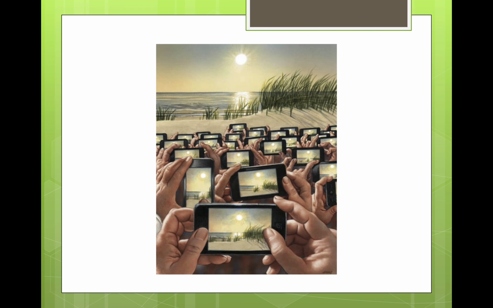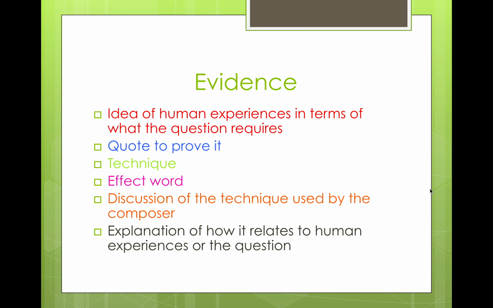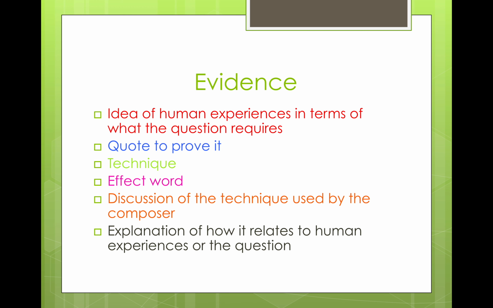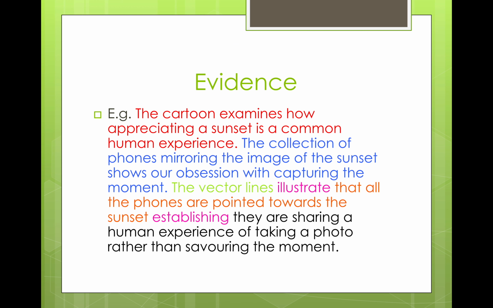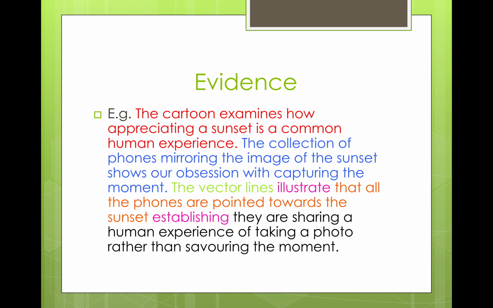That's my evidence. Then I've got a technique, the vector lines. Remember I said to you about these lines of the phone leading up to the actual sunset. Then I've got that word illustrate, which is an effect word. And then I've got in the red a discussion of the technique, which is that all the phones are pointed towards the sunset. Then I've got another effect word, establishing, and this is a connection back to human experiences or the question.